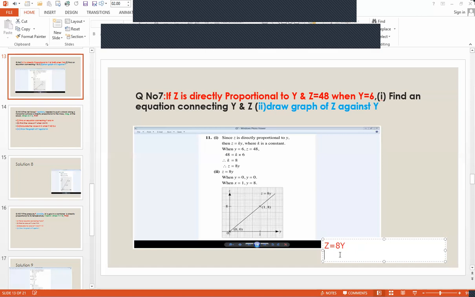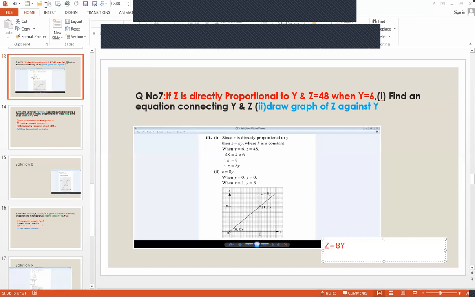Now we move towards the second part. They are saying draw graph of z against y. Now we have to take any value for z and y. Just give me a few seconds.